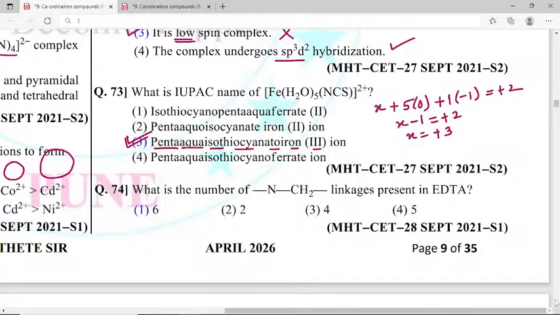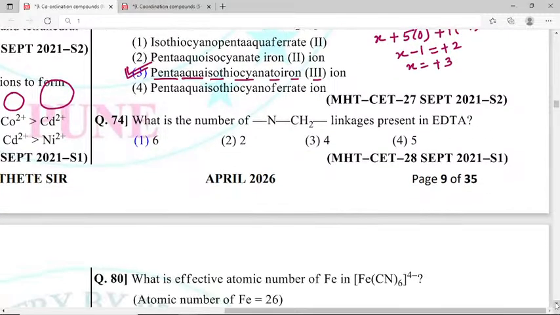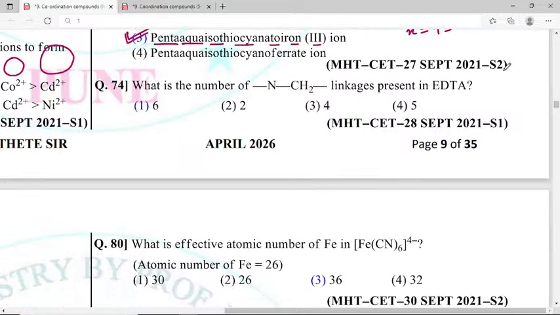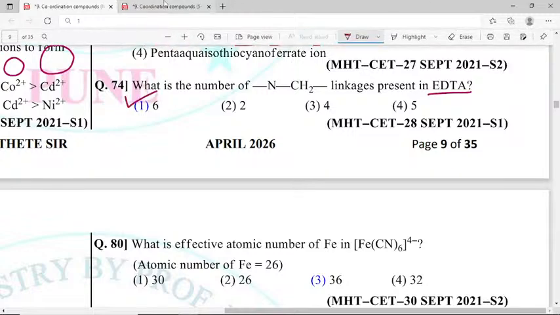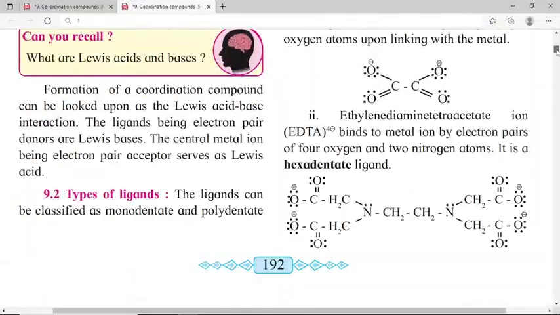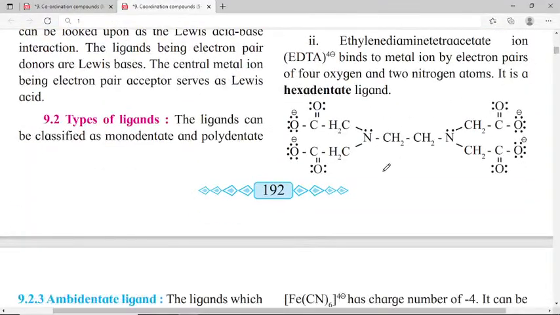What is the number of nitrogen-carbon linkages present in EDTA? EDTA contains 6 linkages. Look in the textbook, the structure is already given. In the structure, nitrogen has 1 bond, 2 bond, 3 bond, 4 bond. Okay, 4 bonds.